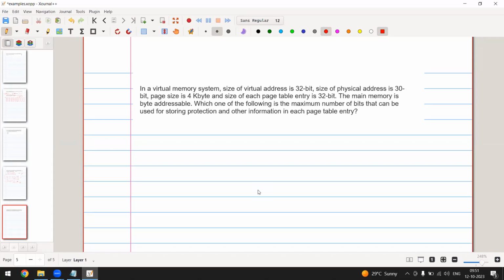So a lot of data is given, but the example is very simple. But first, let me put the basics here. So what happens in virtual memory? Again, you have this virtual address. So virtual address again has page number and offset, right?